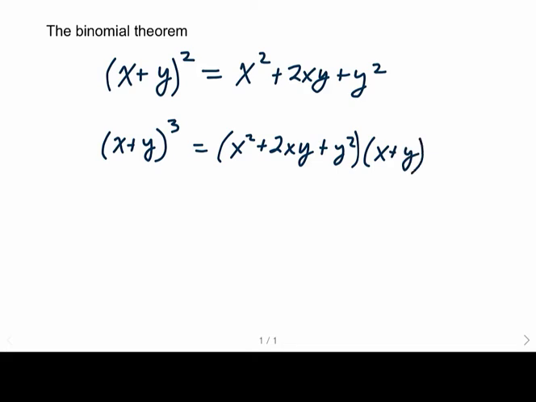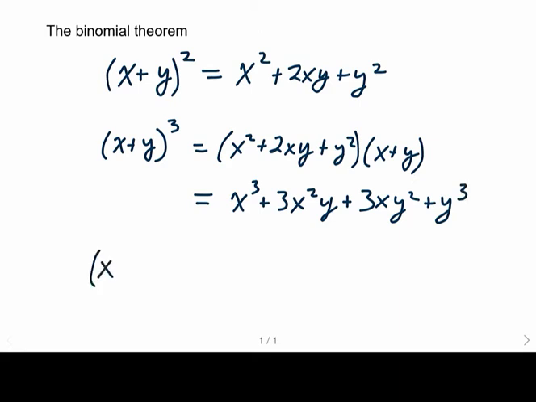And once we collect all our like terms, we would end up with x cubed plus 3x squared y plus 3xy squared plus y cubed. And it's cumbersome, but we could do it. If we consider something like x plus y to the fourth power, now it's starting to get out of hand. And here's where the binomial theorem can come into play for us.